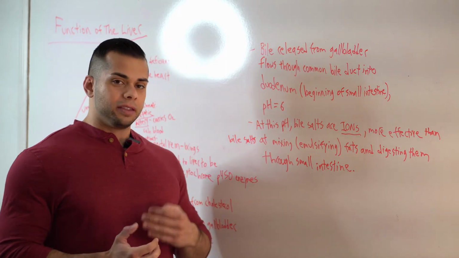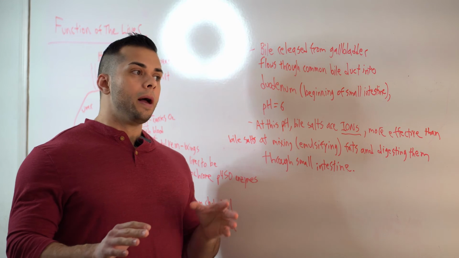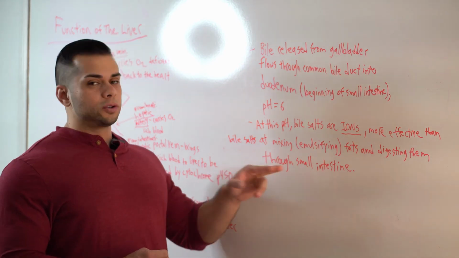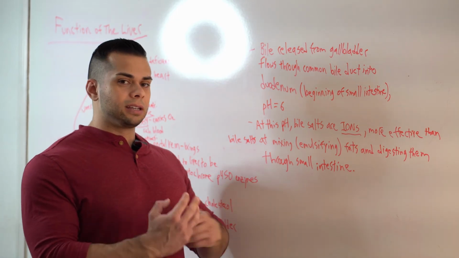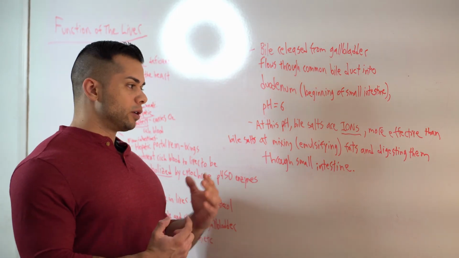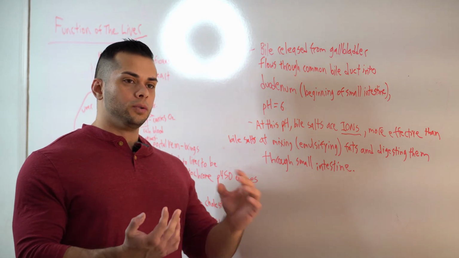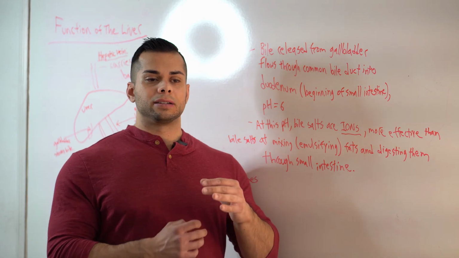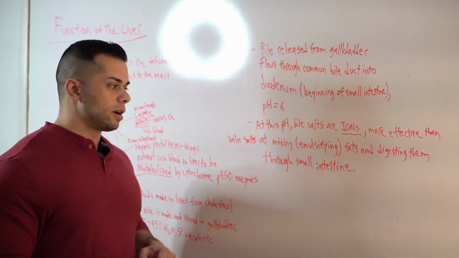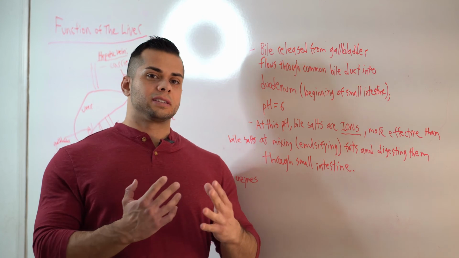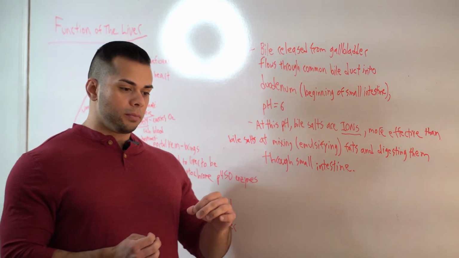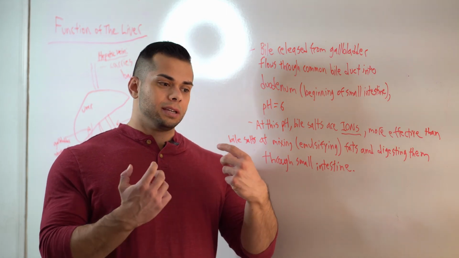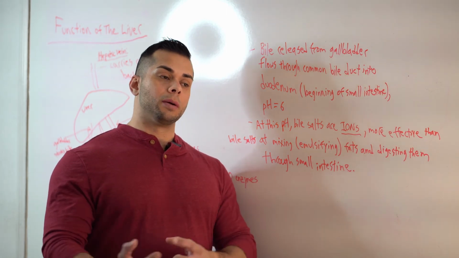So in essence, this negative charge is going to overall make these bile salts more effective at what is known as emulsifying fats, which is basically mixing these fats, combining them with the bile salts and the water to all be able to go through the intestines as a well put together mixture, rather than being completely separated like you would normally see if you were to drop some olive oil in water. You can see that the droplets of olive oil do not mix well with the water.